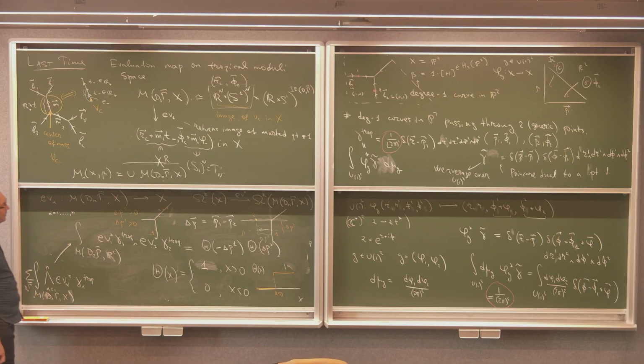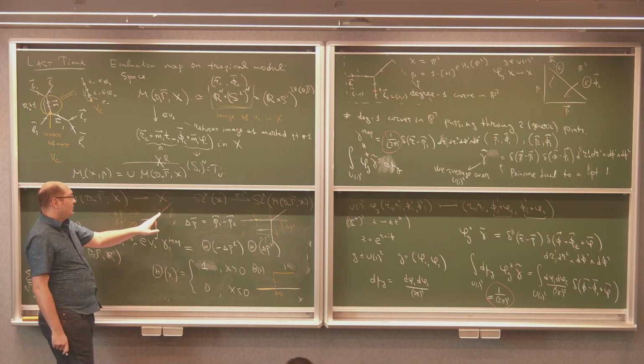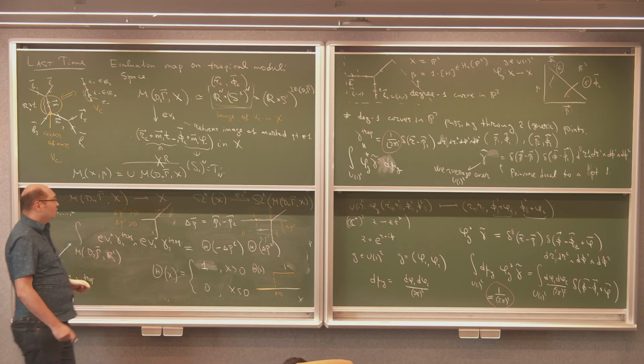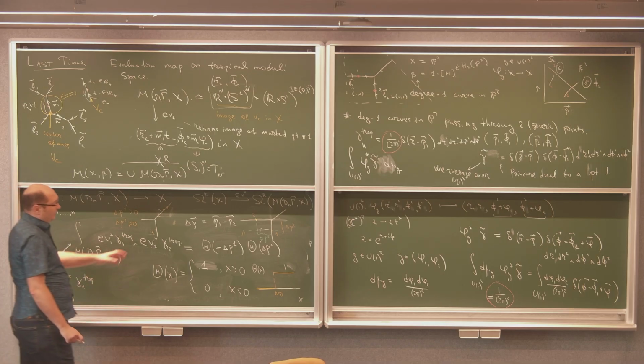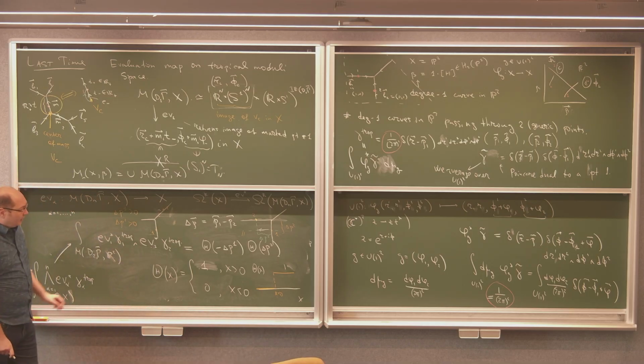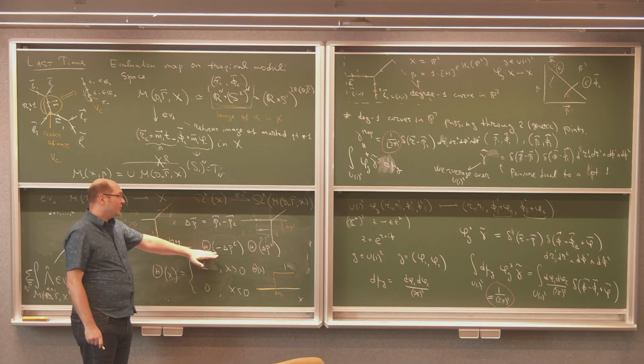And the remaining 6 types are precisely types where marked points 1 and 2 are placed on different edges. And these 6 contributions will have similar type contribution.